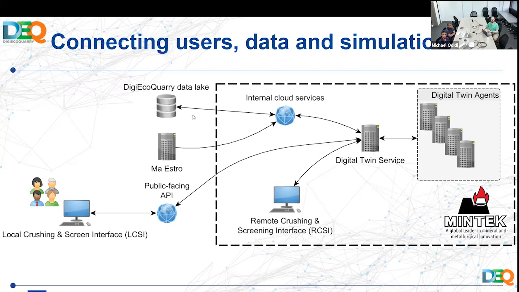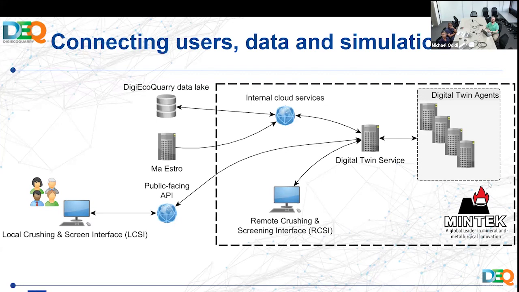The DigiEcoQuarry project as a whole has a data lake where all of the partners are sharing information. So we will also have cloud services that will extract data, for example simulation results and calibration data, and put that back into the data lake so that we can share it.